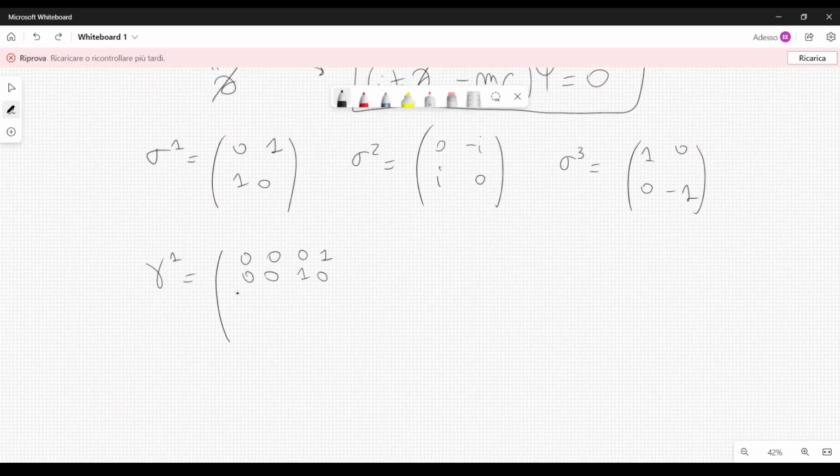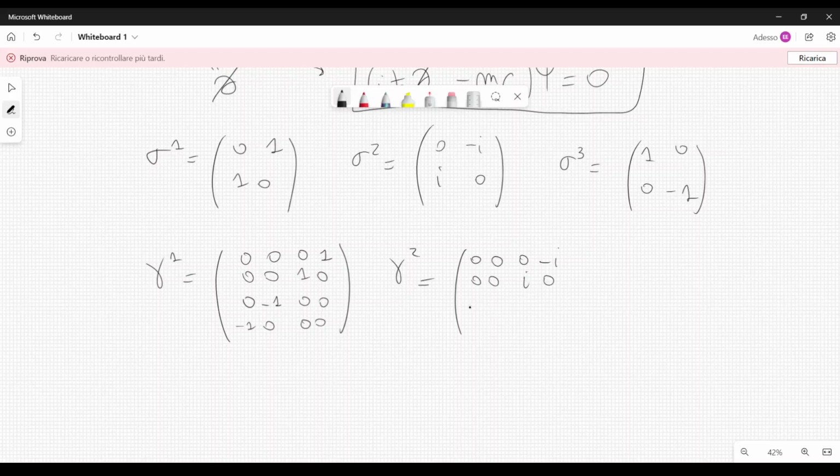And then here we have 0, minus 1, minus 1, 0, 0, 0, 0, 0. Gamma_2 will be 0, 0, 0, minus i, 0, 0, i, 0, 0, i, minus i, 0, 0, 0, 0, 0.